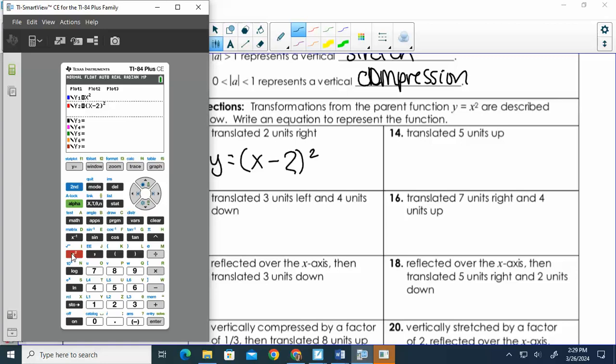This way we can clearly see the difference between the two. So my y1 I did x squared, y2 I did x minus 2 squared, the equation we just wrote. If I look at the graph, yours isn't in color, but the first one is the original. Did the second one move it to the right? Yeah, so we have the right equation. We could check ourselves.